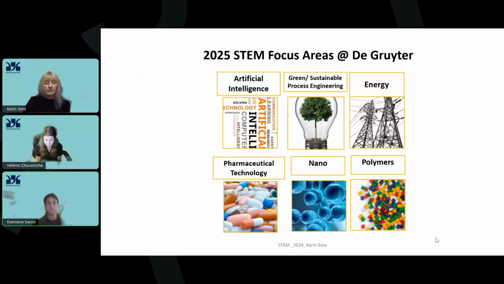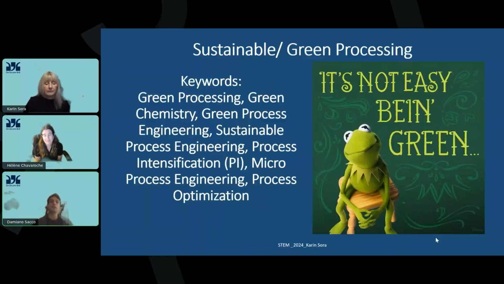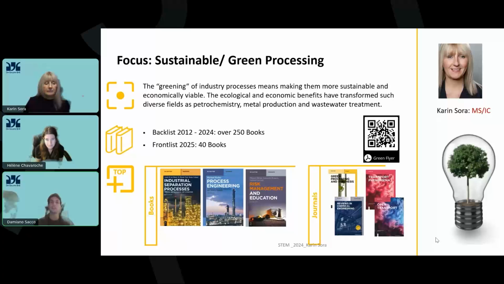So the first one is then sustainable and green processing. Karin, from whom you've just heard, would be the responsible editor, at least for books in this focus area. And so green means every kind of procedure that makes industrial processes sustainable from both an environmental and a financial point of view.